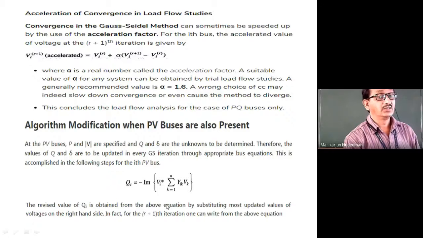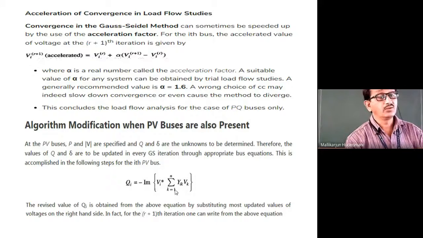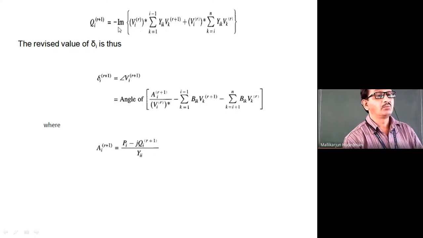Si conjugate becomes V conjugate and I straight. If I expand this term, the reactive power injection of a generator at any iteration r plus 1 is the imaginary part of the product and sum of this entire term, which is split into two terms.